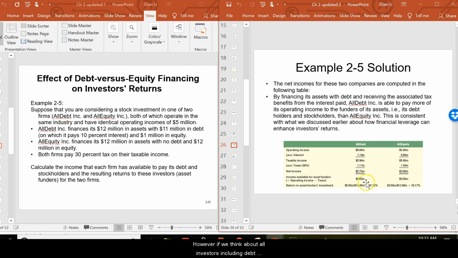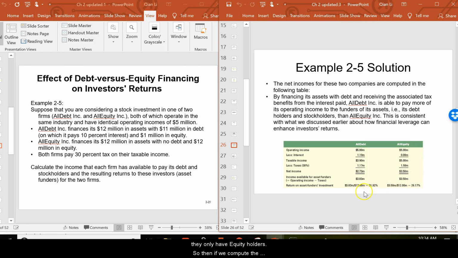However, if we think about all investors, including debt holders and shareholders, this company pays 1.1 to debt holders, and then there will be 2.73 left for shareholders. That's a total of 3.83 million for all investors, compared to the 3.5 million to the equity holders, because for this company, they only have equity holders.